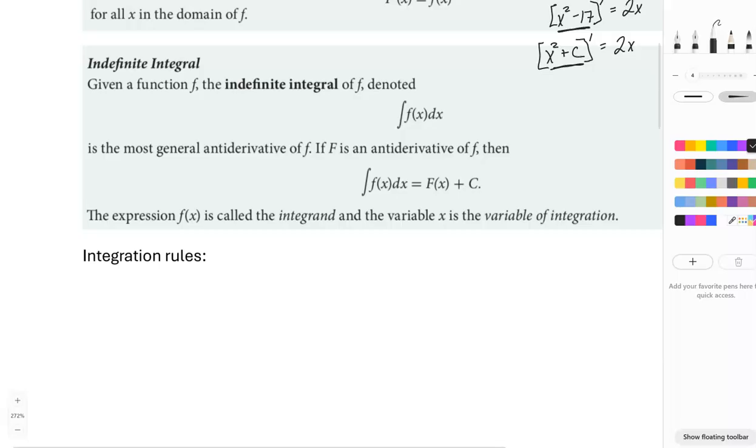So let's talk about some notation before we look at our integration rules. We're going to talk about indefinite integration. So we're going to see a symbol that looks kind of like a stretched out S. That is the integration sign. The dx tells you what you're integrating with respect to.